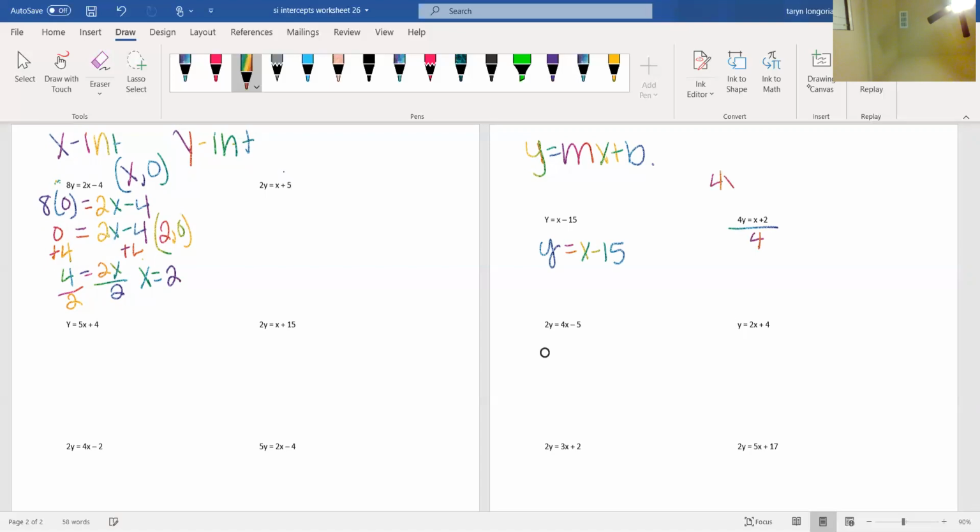So 4y equals x plus 2, divide everything by 4. So 4y divided by 4 equals y, x divided by 4, and then 2 divided by 4.